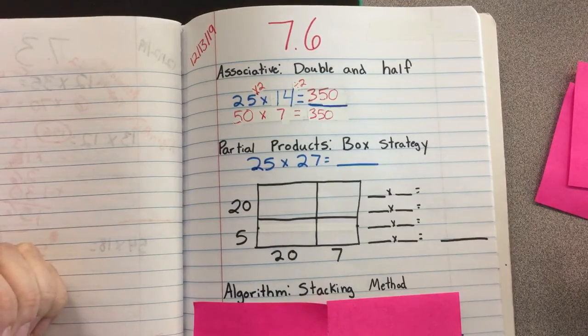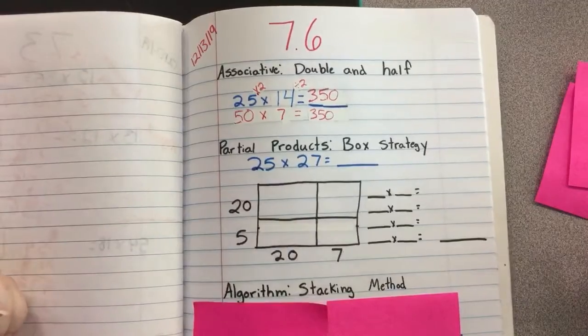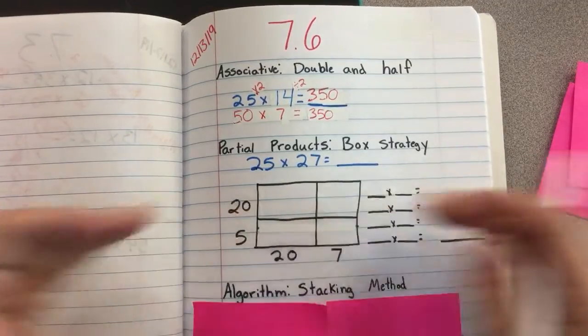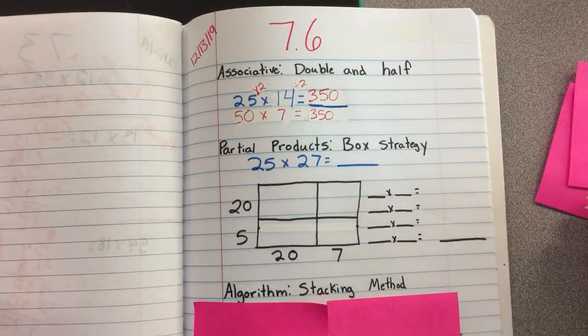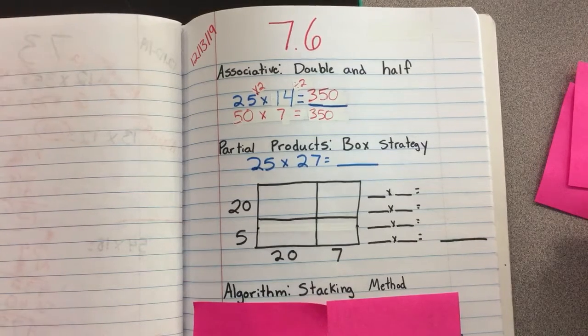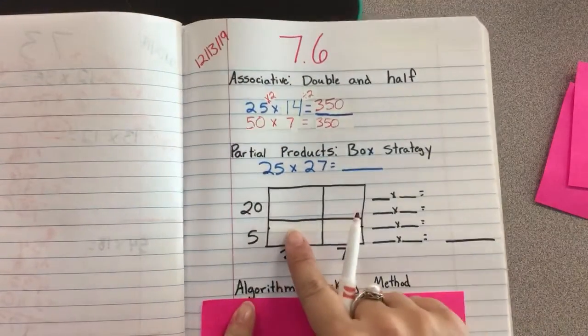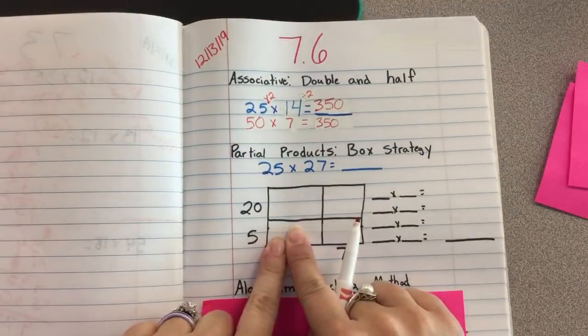Okay, so what are you doing with these numbers? These boxes show you what you need to what, Israel? What you need to multiply. Okay, so like this box, use it as a grid.